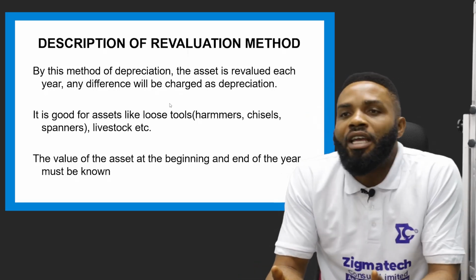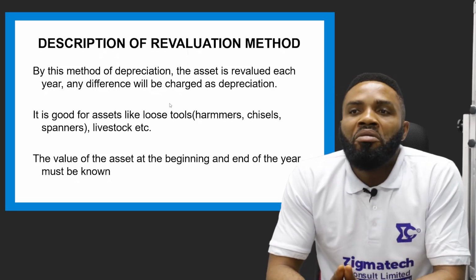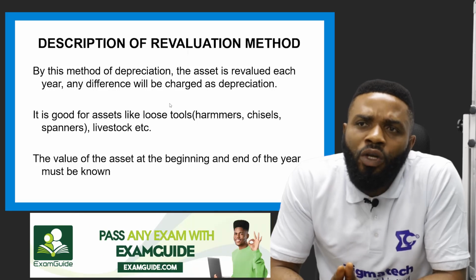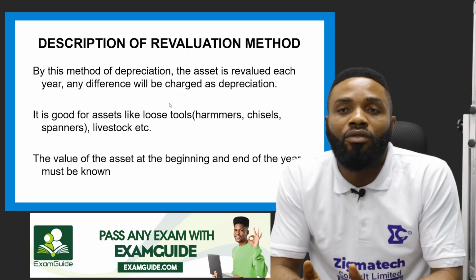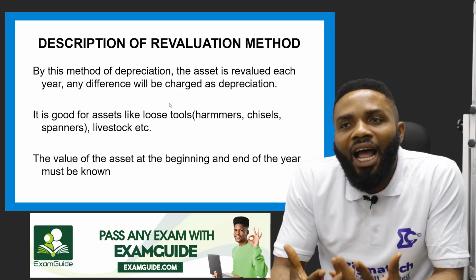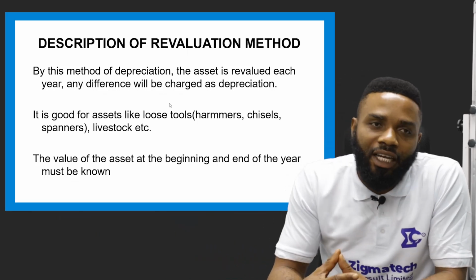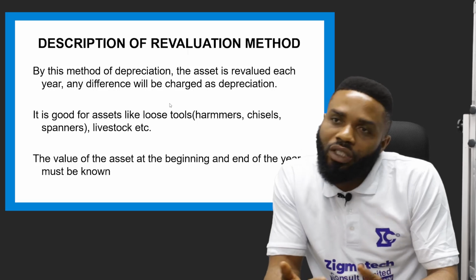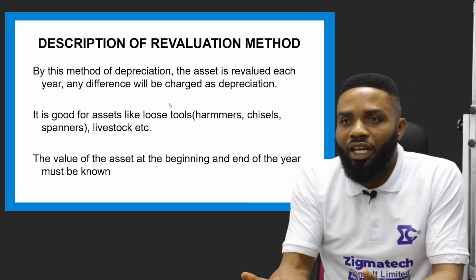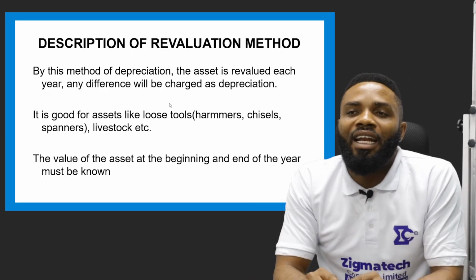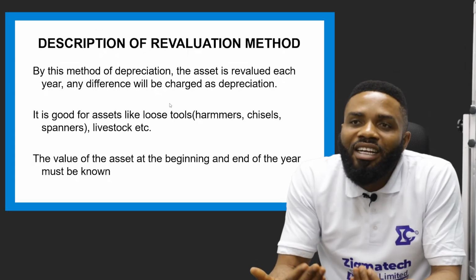For instance, if you have a plot of land in 2023, and you check in 2026, 27, you will see that the cost of that asset in 2023 will not be the same as the cost in 2025 or 2026. You will see there must be an increase. So that value of the asset must have appreciated, because you cannot sell it at an amount that will be less than the way you bought it. So there are assets that need to be revalued.